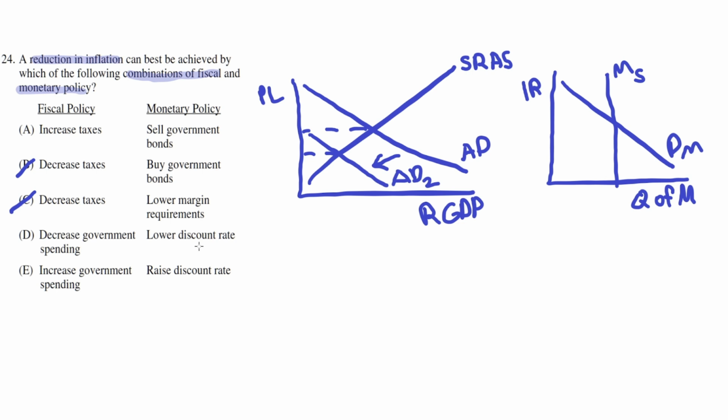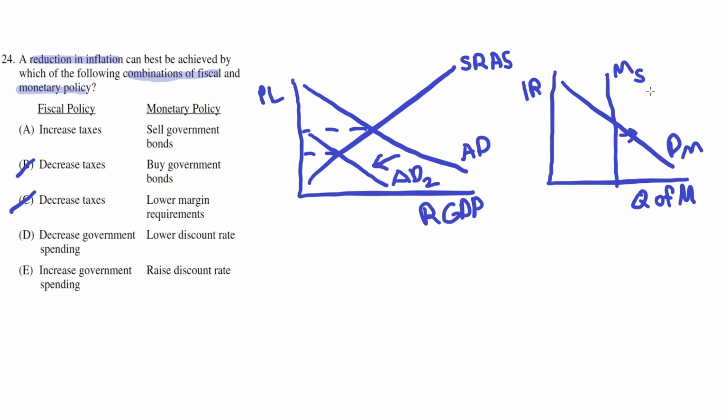And then lowering the discount rate. Discount rate is essentially the rate the central bank charges other banks for borrowing money. So if you lower this rate, that means that the other banks would be more incentivized to take out loans. And because they're more incentivized to take out loans, they'll take out more loans, and taking out those loans results in an increase in the money supply.